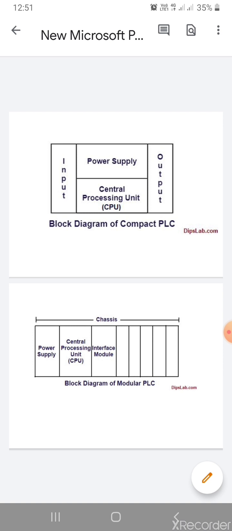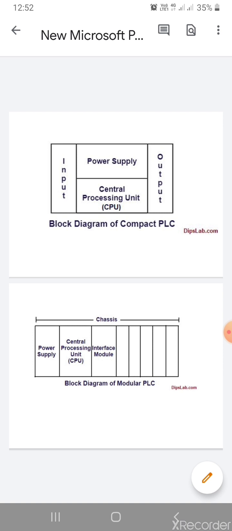Now I will quickly explain the difference between the compact PLC and the modular PLC. The compact PLC is also known as an integrated PLC or fixed PLC, whereas the modular PLC is also known as a rack mounted PLC.